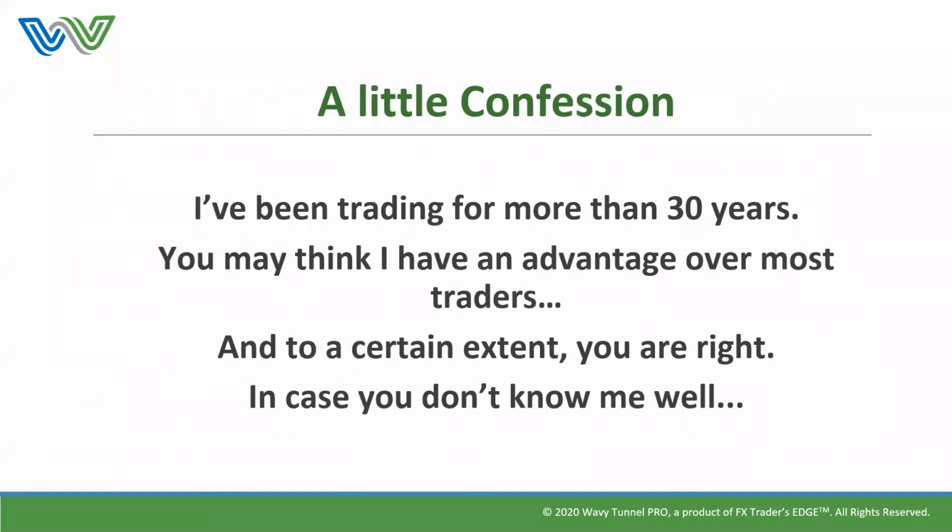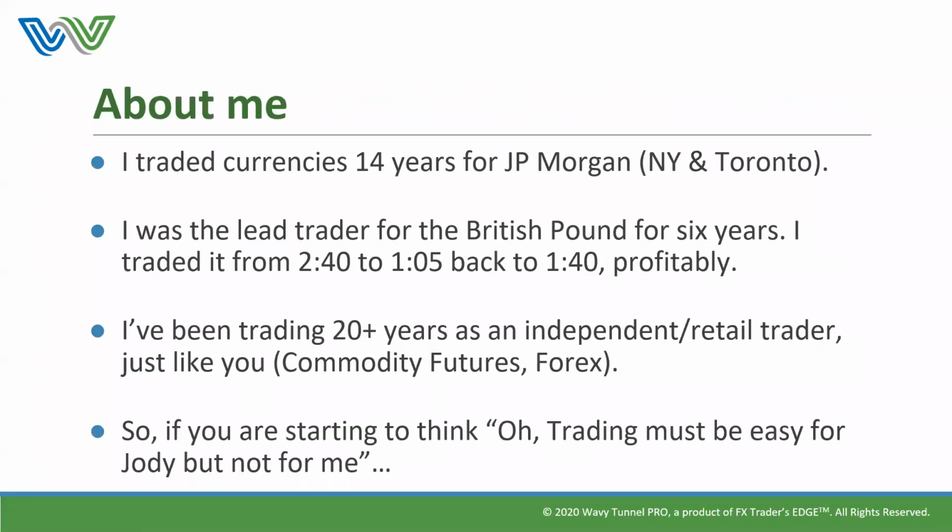A little confession. I've been trading for more than 30 years. You may think I have an advantage over most traders, and to a certain extent, you're right. But in case you don't know me well, this is how I started. I traded currencies for 14 years for JP Morgan in New York and Toronto. Now I'm still living in Toronto. I was the lead trader for the British pound for 6 years.